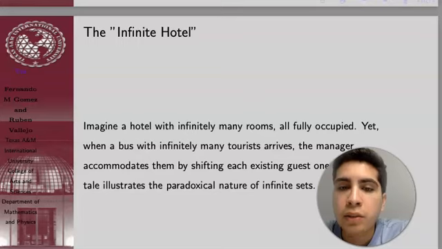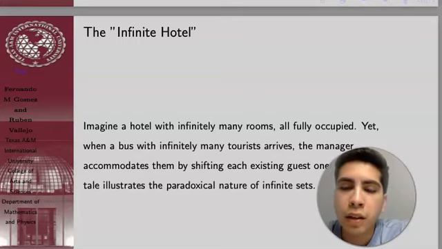But it's interesting to note that we can allow a new bus of infinitely more new guests. Now, these guests are accommodated into the hotel in the following way. Since every room is occupied, what the manager decides to do is to disoccupy every even number. How? Well, every number is multiplied by 2.